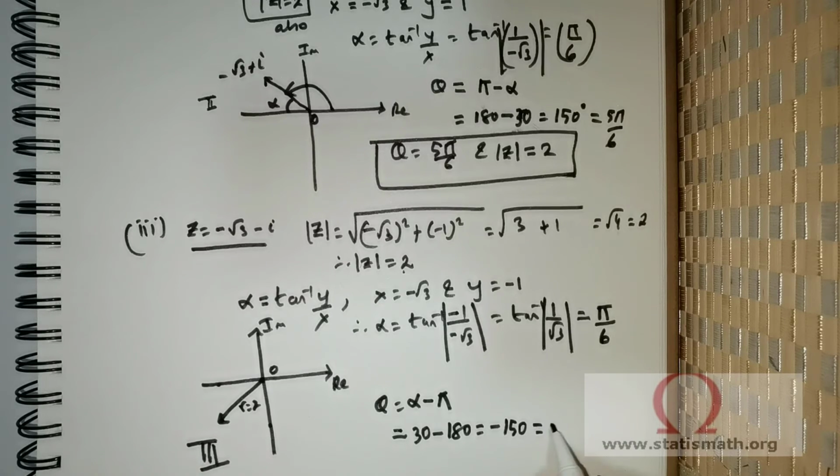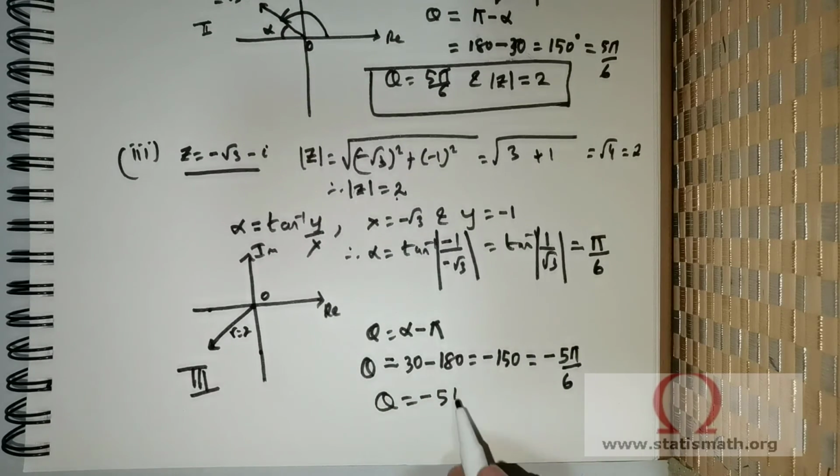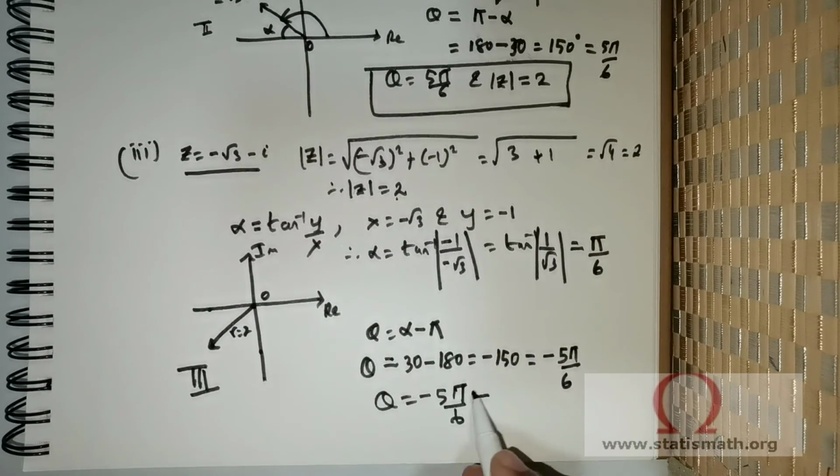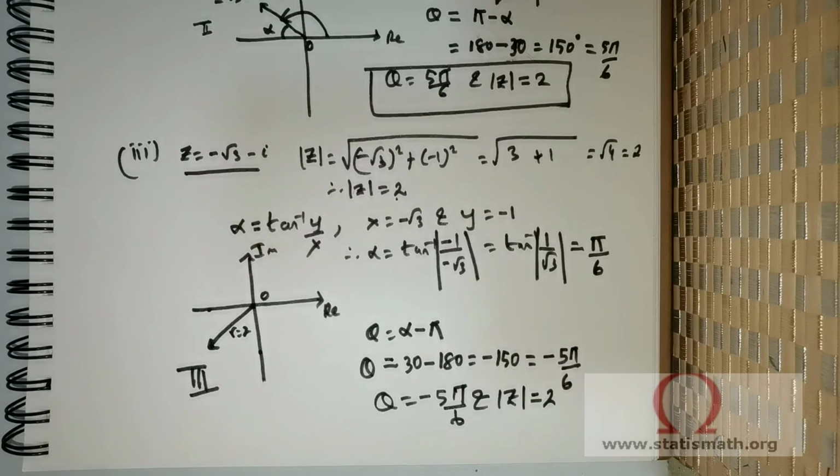If I were to write it in terms of radians, it's going to be negative 5 pi over 6. So this is my principal argument. I've got the principal argument, theta is equal to negative 5 pi over 6, and the modulus, which is 2 units. So that completes the solution for this question.